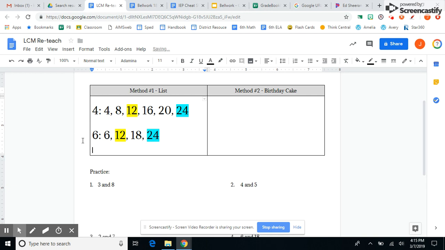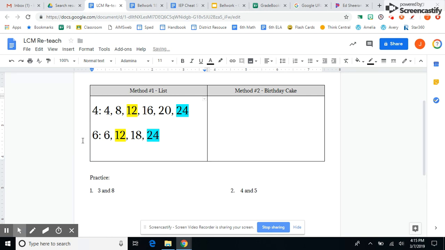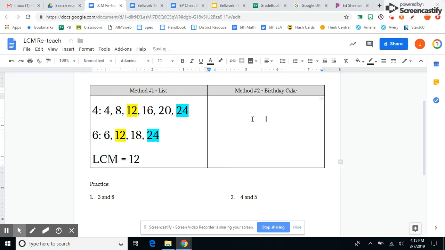So in that case, it's 12. So the least common multiple between 4 and 6 is 12. So that's using method 1, or the list method. Again, please make sure that your paper matches mine.